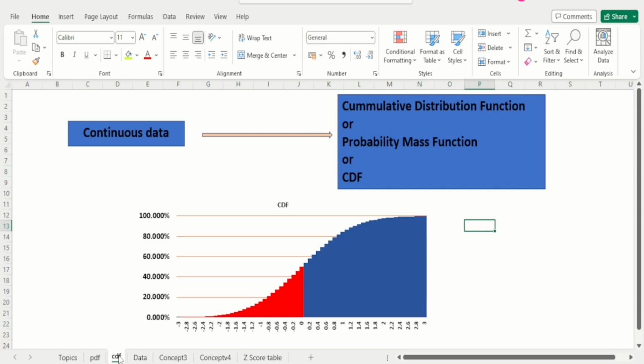So if you apply the CDF, that's what you will receive. You'll receive the probability of the value X and all the values less than X as marked in red on the graph. And that's a big difference.